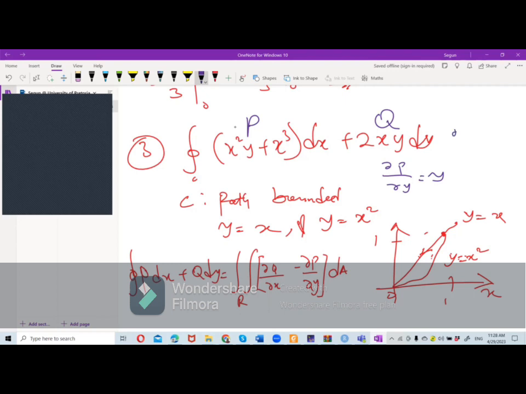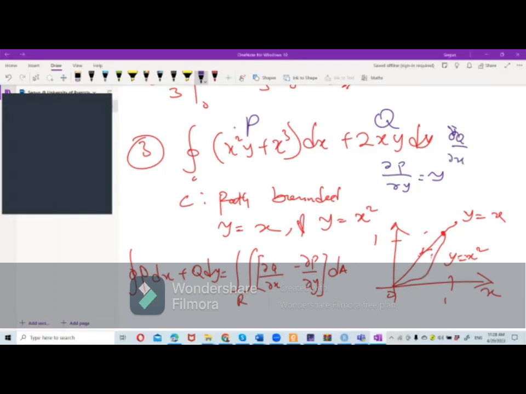Then the Q, the x. The q dx is what? Two y. The p dy is x squared.